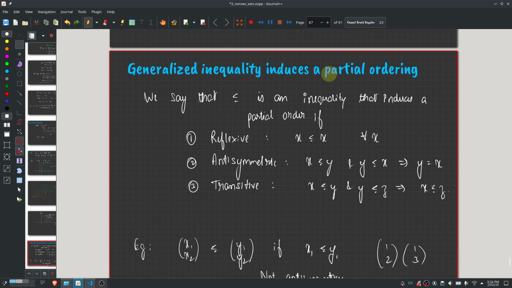All right. So this is what a partial order is, but this doesn't mean that every pair of vectors needs to be comparable. In addition, if we also have this property that for all x comma y, x is less than or equal to y, or y is less than or equal to x, then we call this a total order.